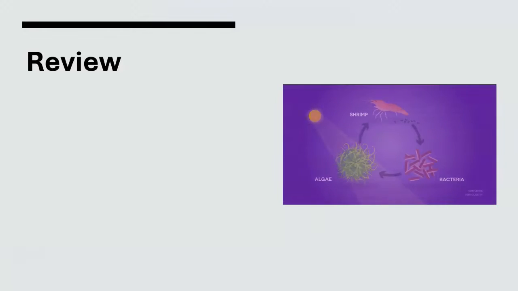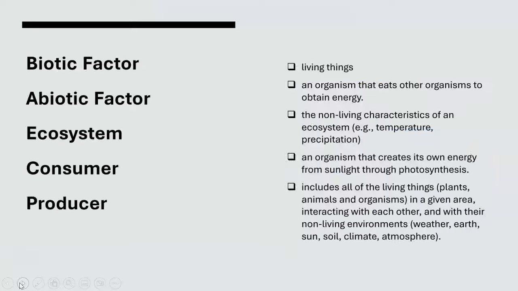However, if the needs of the organisms aren't met, the balance of the ecosystem can be destroyed. For instance, if there was no light, the algae wouldn't grow. That means the shrimp would die since they wouldn't have any algae to eat. And if the shrimp stopped pooping, the bacteria die too. So everything in an ecosystem interacts and depends on each other for survival. Hey kids, if you want to watch this whole episode.